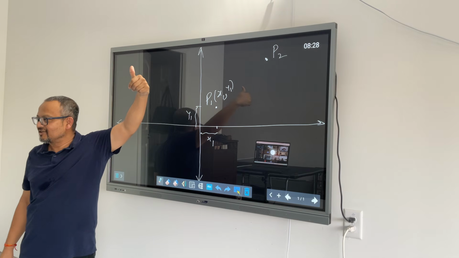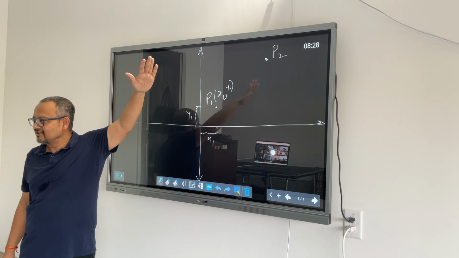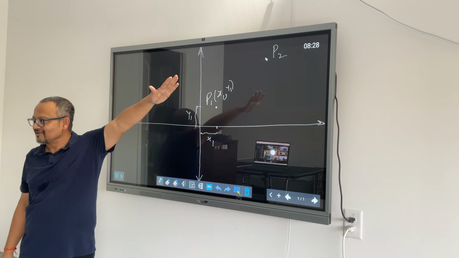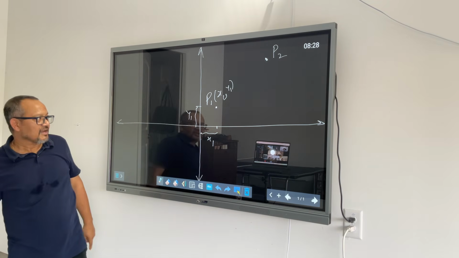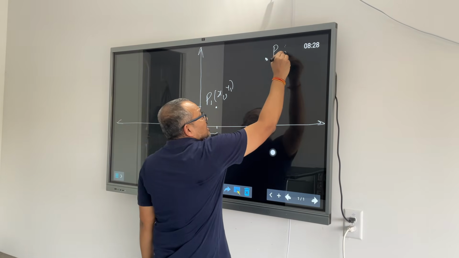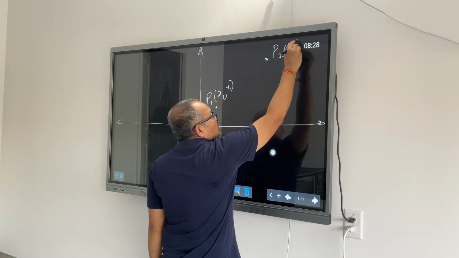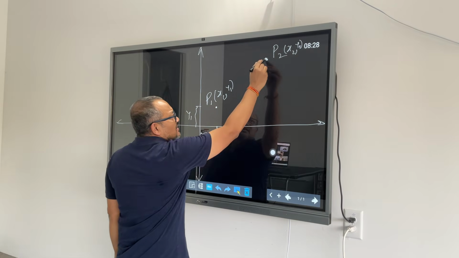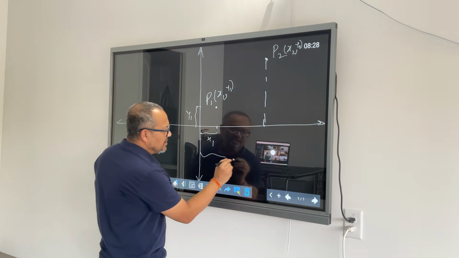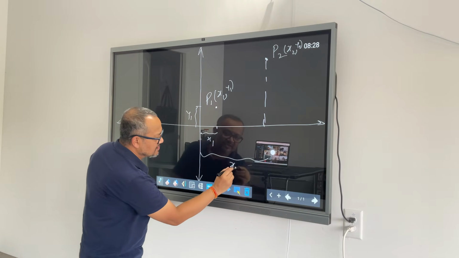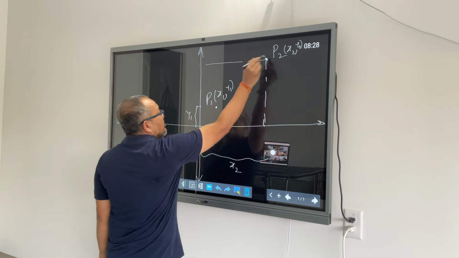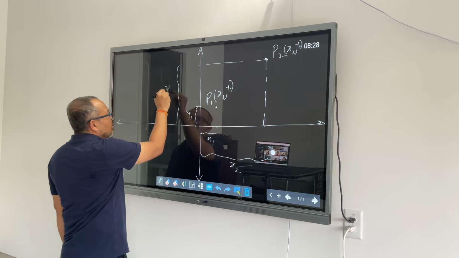Avisha, Isha, Chandni, Ishan, Aditri, Naita, everybody? Okay. Now same way, this is my second point. It has coordinates x2, y2. When I say x2, y2, I'm just giving some variable value. Okay. So meaning distance from here to here is x2. Okay. And here to here, meaning this distance is y2.